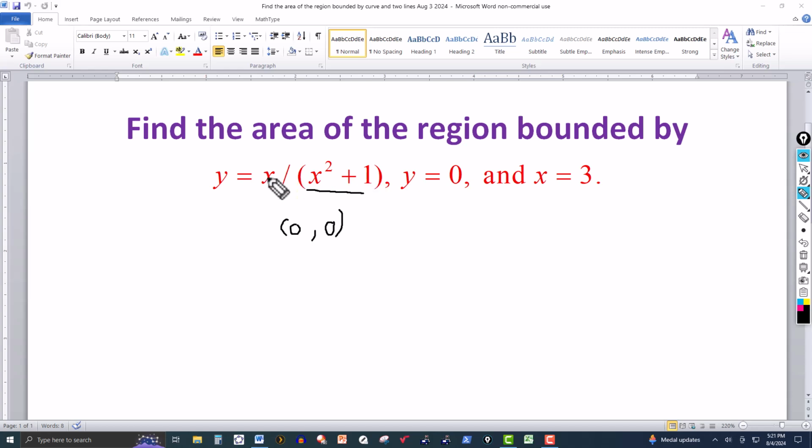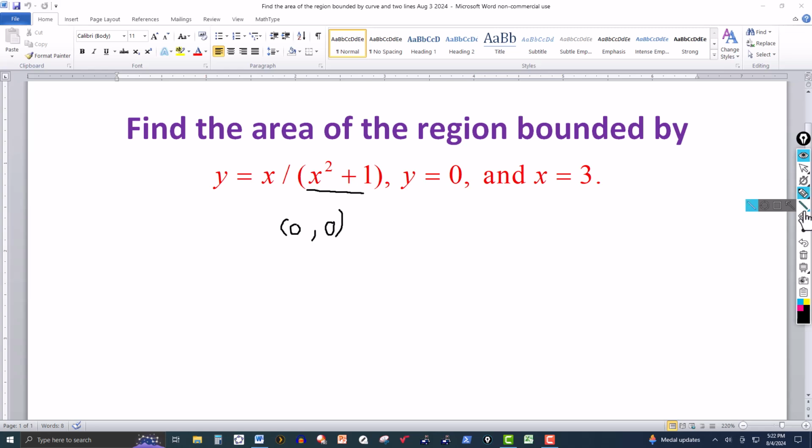So if I pick values larger than 0, this graph will be above the x-axis, to the right of the y-axis. If I pick values less than 0, that is to the left of the y-axis, the graph will be below the x-axis, because y is negative.